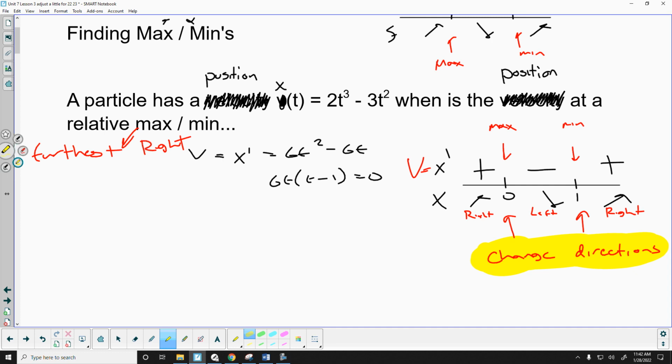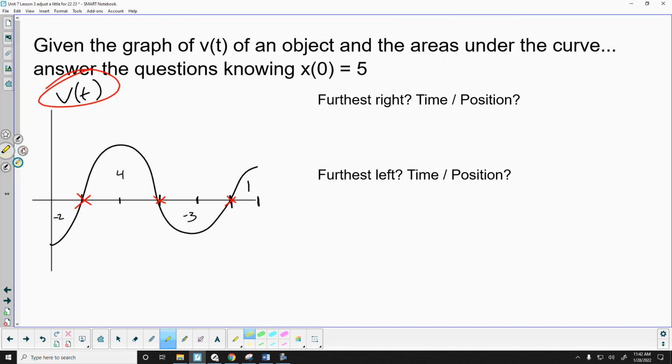Now I'd like us to actually go here and look at this question, but I want you to eliminate this here. And I want you to be given that x of 1 is equal to 5. Now it's like, I ask you, I know it takes a while for you to find it, but you find it. Furthest right. You can think of this as a max position.